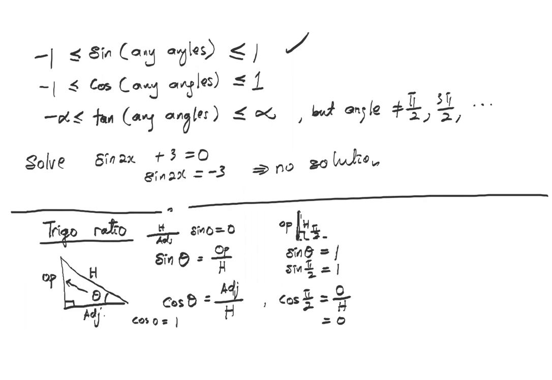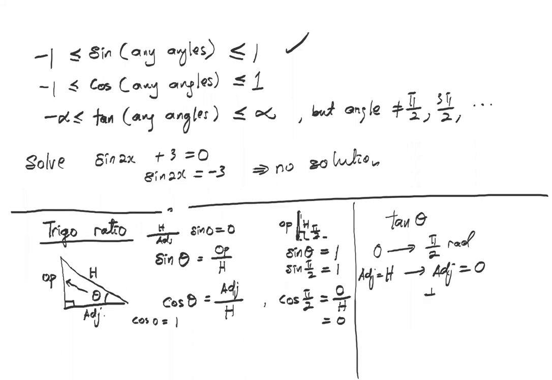Okay, then the one that is talking about tangent. As the angle becomes bigger, your theta changes from 0 to pi by 2 radian. What happens to the adjacent side? Here, adjacent equals hypotenuse, correct? It changes to here, where the adjacent becomes 0, correct?